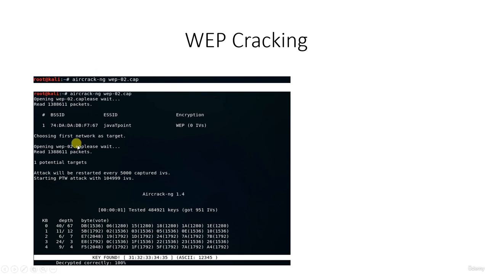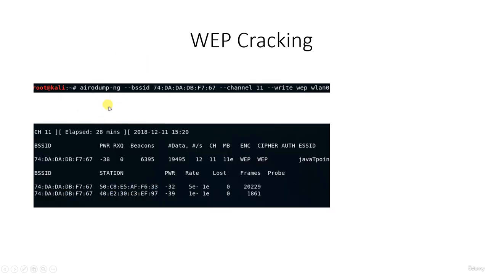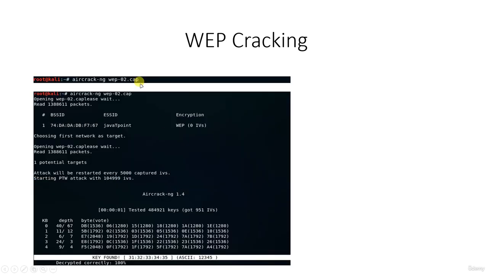Make sure you open a new terminal, because airodump is still running and continuing to track the traffic. Use the new terminal to run this command and press enter. When we use aircrack-ng, we put in the file name, which is wep02.cap. If aircrack fails to determine the key, it waits until it reaches 5000 IVs and then tries again.